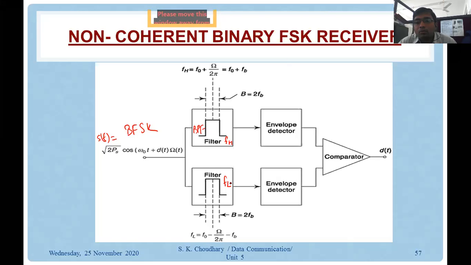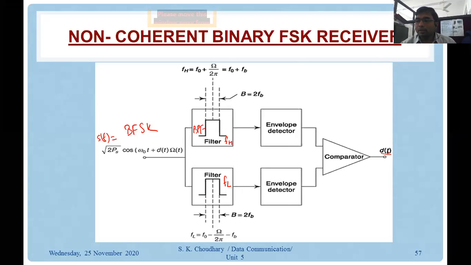The output of the envelope detector is fed to the comparator. In the comparator, the two signals are compared, and according to that, the binary data D(t) is finally detected. So this is another way that you can receive or detect the BFSK signal, by using the non-coherent way.